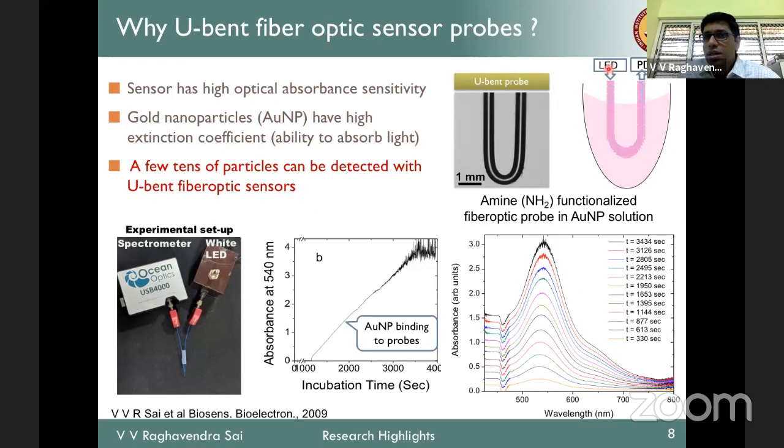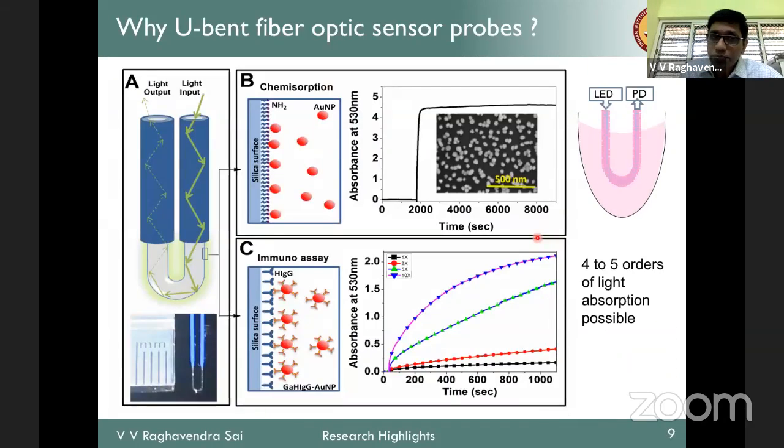So you pass light through this LED on one end and detect the light on the other end using a photodetector. If you use a spectrometer here, you will be able to measure the spectra, and then you see that these gold nanoparticles can be detected very efficiently using these U-bend probes.